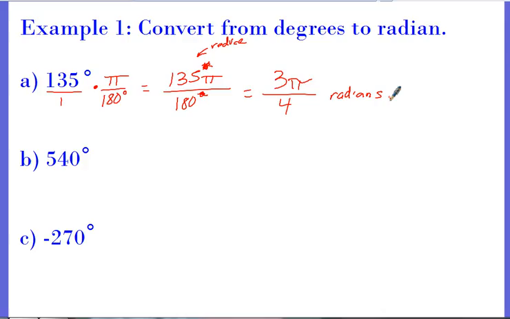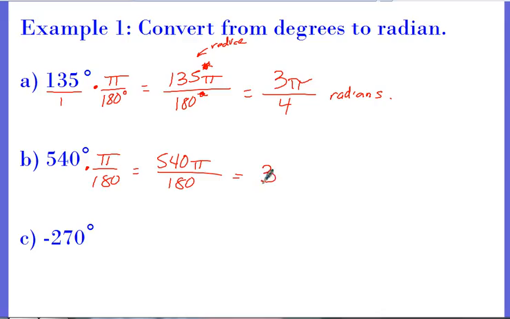So the way I'm going to do it is the exact same. I'm just going to multiply this by pi over 180, which of course is going to be 540 pi over 180. And all I'm asking you to do now is reduce 540 over 180. It just comes out to a whole number, which is what?